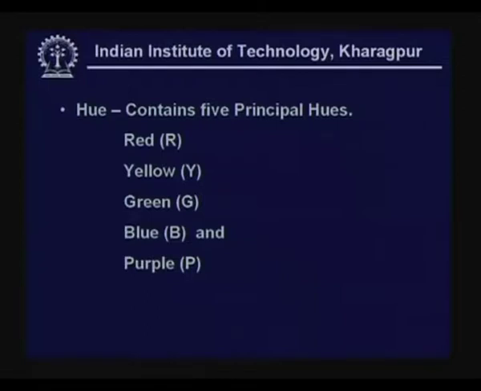You can associate red, which is specified as R, yellow, Y, green, G, blue, B, and purple, P. So, you have 5 principal hues, that is red, yellow, green, blue, purple, spanning over the visible spectrum.